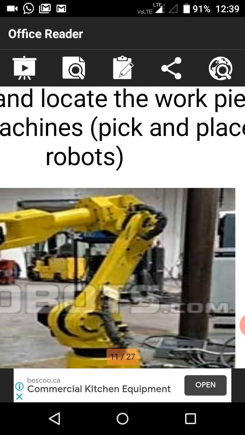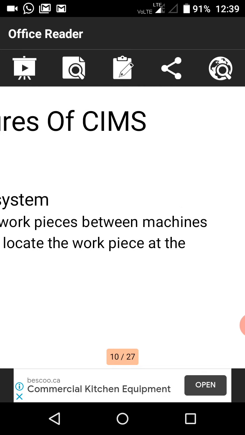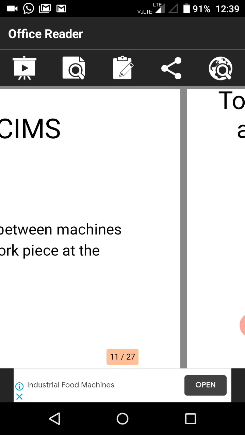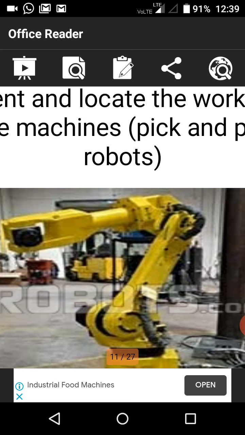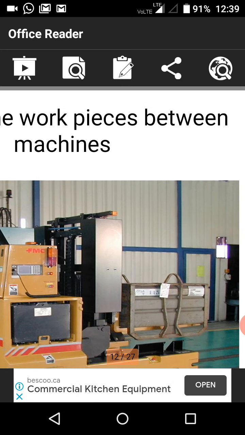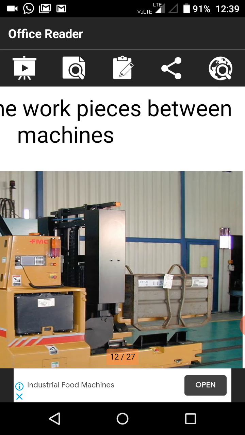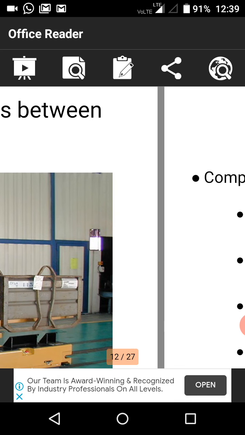Here the robot only picks and places the material, while the machine works. Next, to move the workpiece between machines, the machine takes the workpiece and keeps it itself.